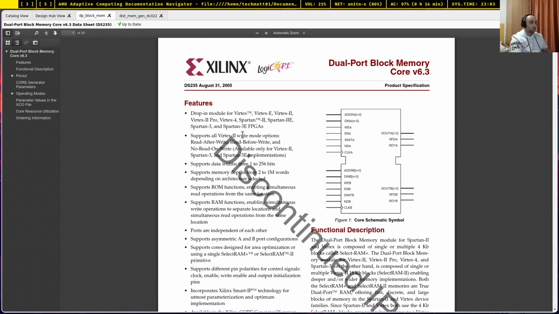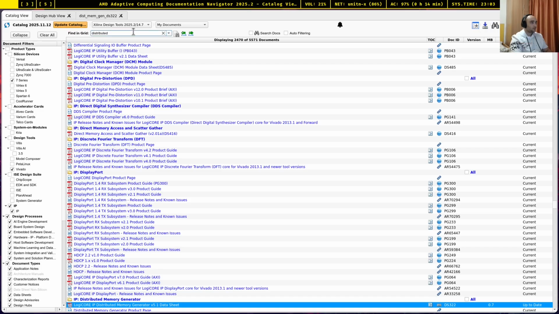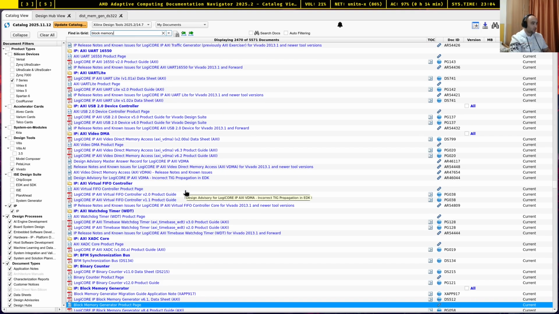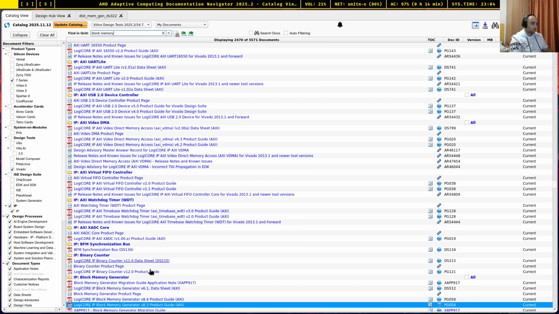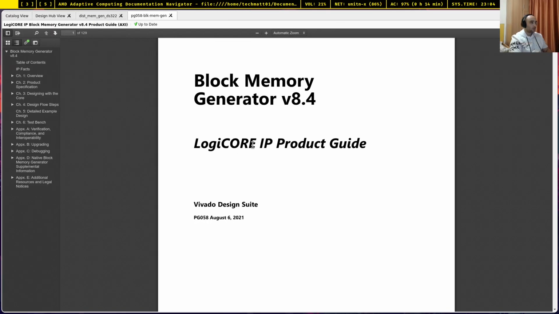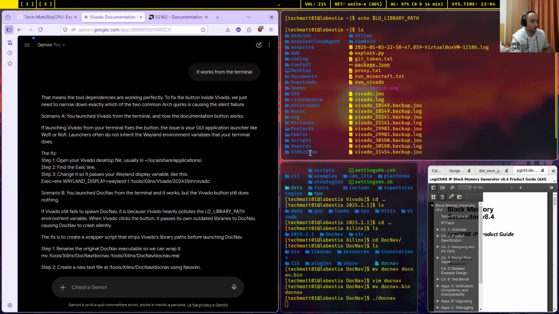Yeah, I have to open the generator. Discontinued, yes. Block memory generator migration guide, I don't care. Product page, I don't care. Product guide. Yes. Finally. But now, before doing that, I want to see why it's not working.